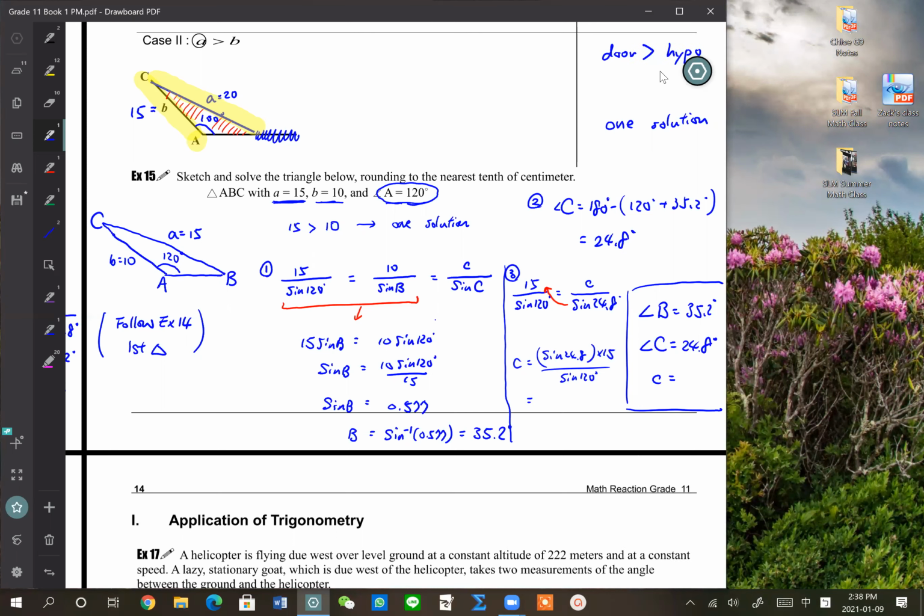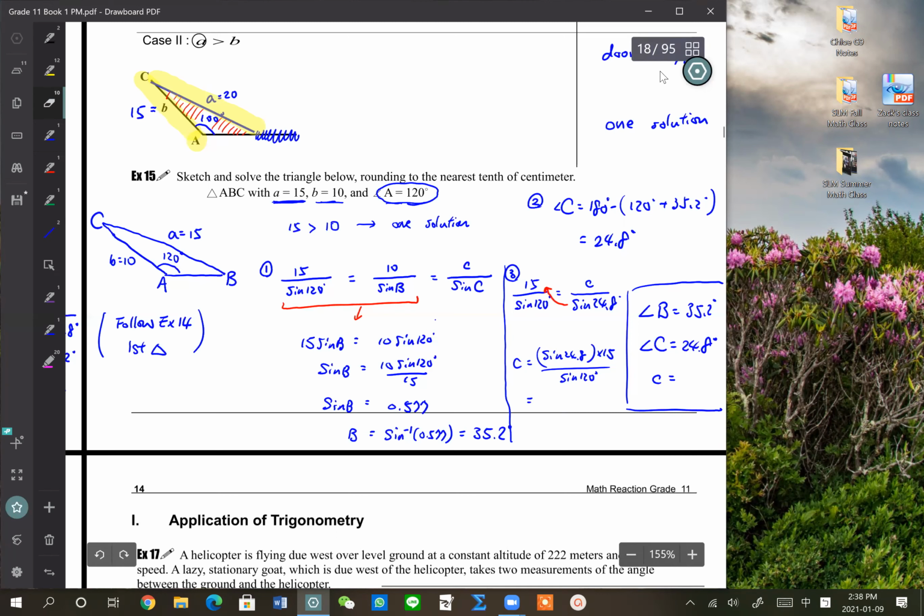I got 256.34. Say that one more time. 256.34. Wow, that long? I don't think the triangle can be that long. The other two sides are only 10 and 15. So retry.